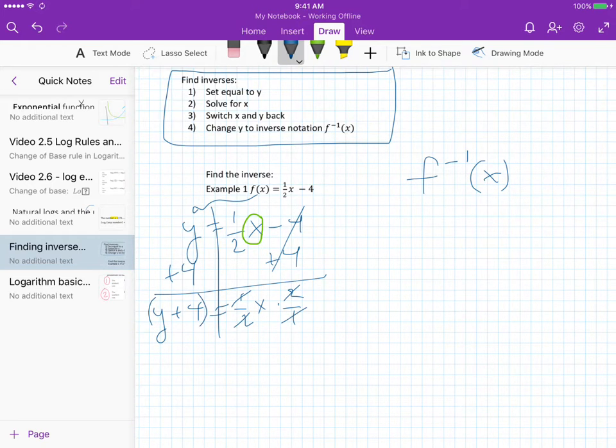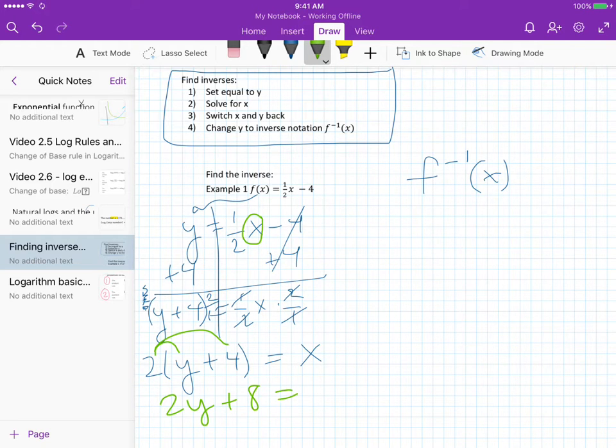I'm going to do the same thing here, times 2 over 1. Now, 2 over 1 is really just 2, so you can write that as 2 times y plus 4 equals, now x is alone. And then I want to distribute that 2 to both the y and the 4, so my final answer is 2y plus 8 equals x.